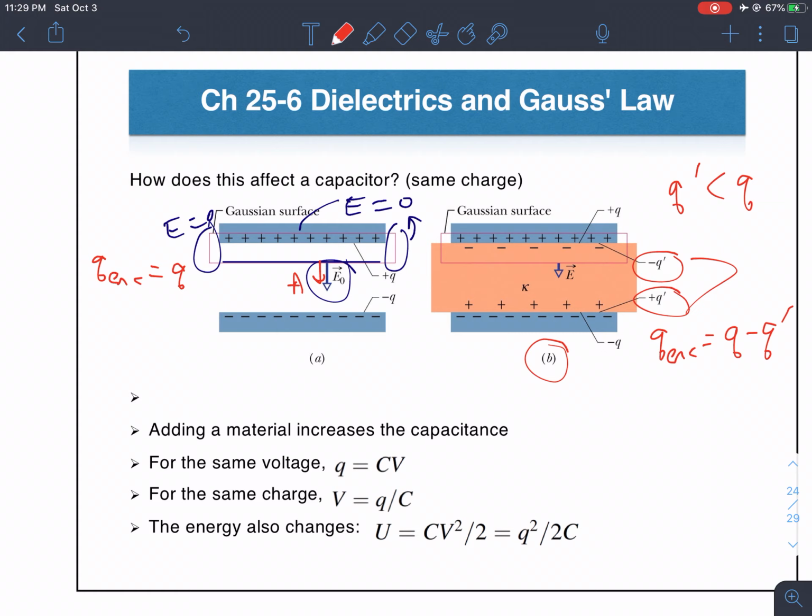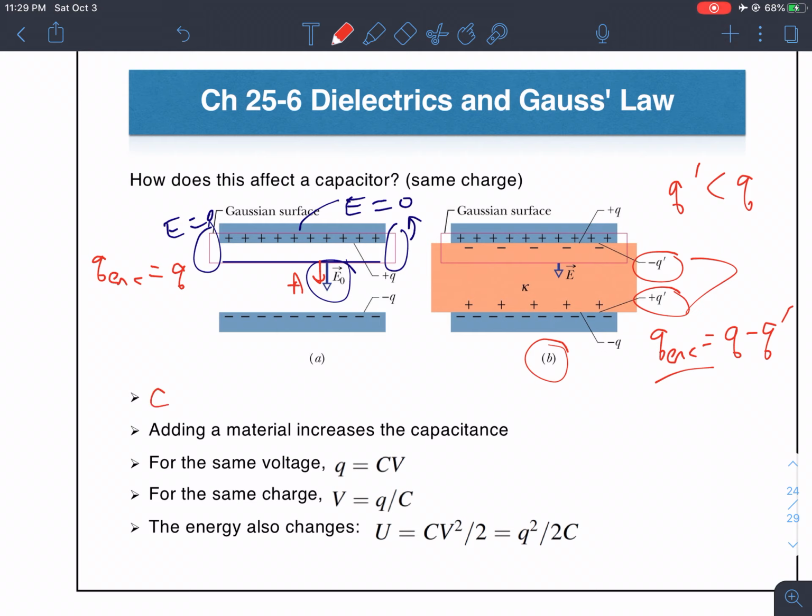So since Q enclosed goes down, from the flux equation the electric field is going to go down when there's less enclosed charge, as we have in part B. That's the reason the electric field reduces. So from the Gauss's law point of view, you will get the same answer.